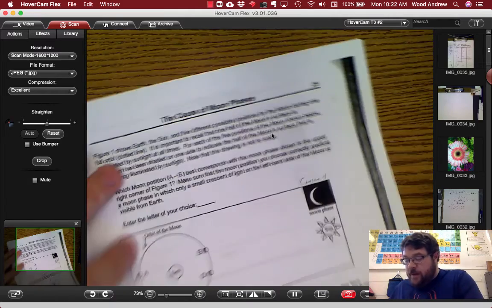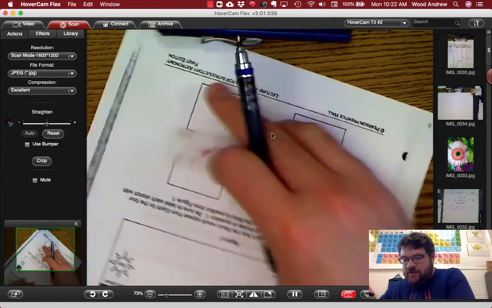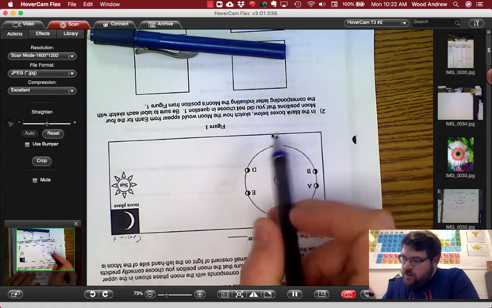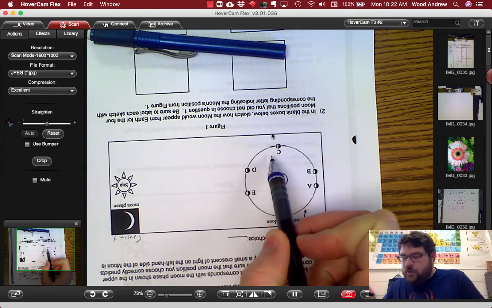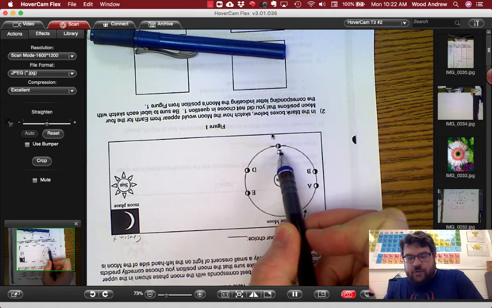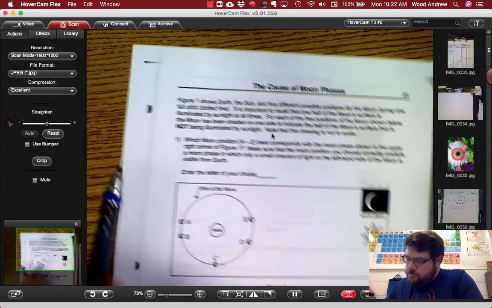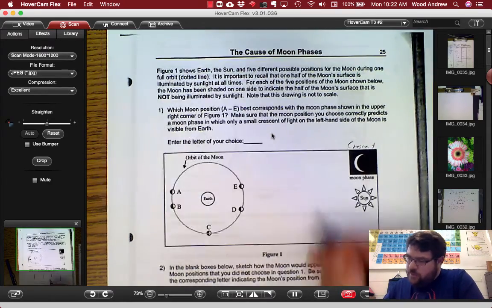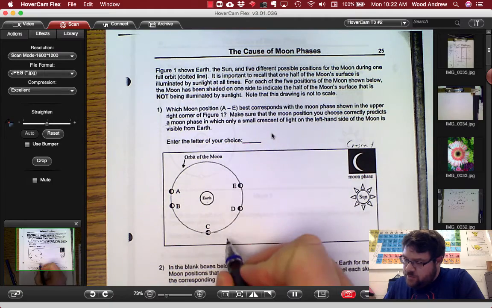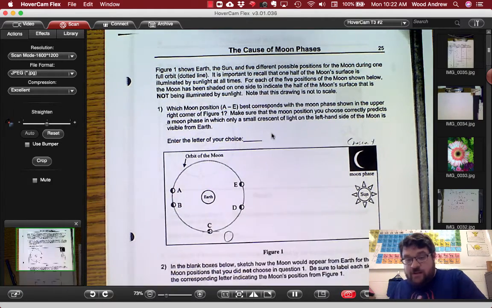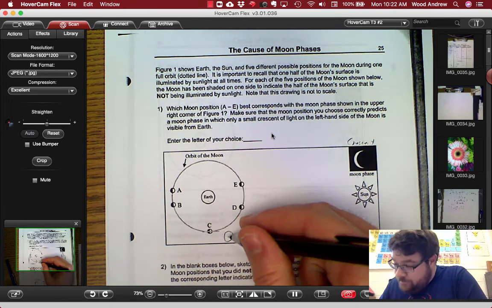Well, if I look from my Earth position, rotating this around, the left-hand portion will be lit up, the right-hand portion will be dark. So what that would look like, from Earth, position C, I'll go ahead and draw it down here, I am going to see the left-hand portion illuminated.